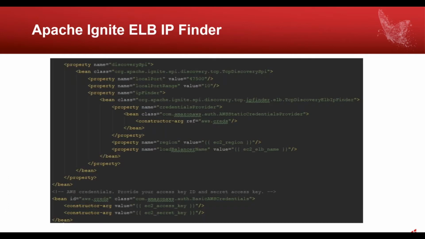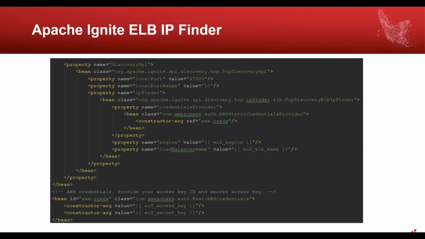Regarding the IP Finder that I mentioned before, you can see on the screen how it works. We have several properties, for example, the region and name of the load balancer we created, and some AWS credentials.